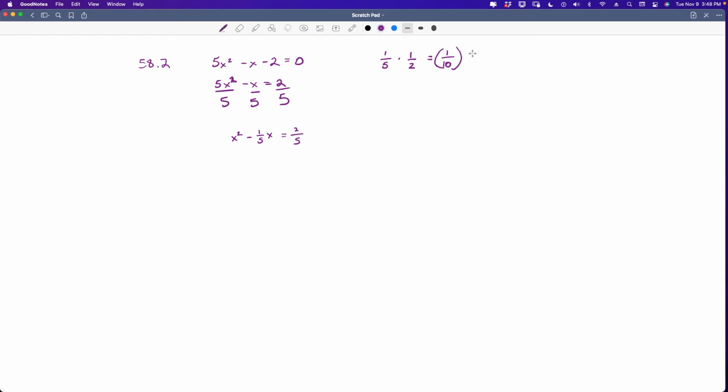And then we square that, and that gives us 1 over 100. So we add that to both sides. We say x squared minus 1/5 x plus 1 over 100. We add that to both sides.